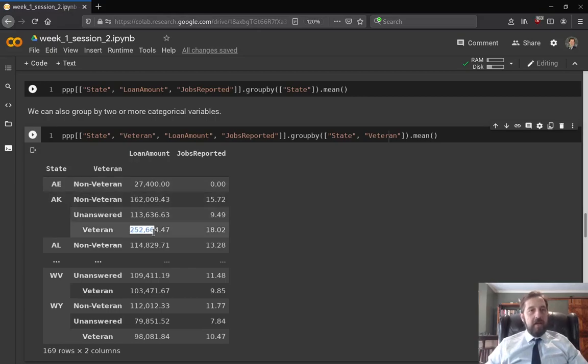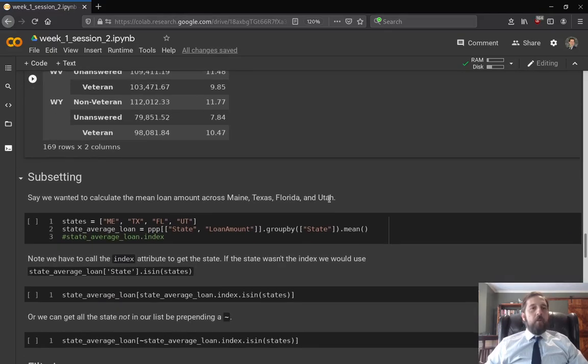So we can say, okay, veterans had a mean loan of 252,000, whereas non-veterans had a mean loan of 162,000. 18 jobs saved for veterans, 15 for non-veterans. So we can group by multiple groups prior to calculating that mean. And this is very useful.